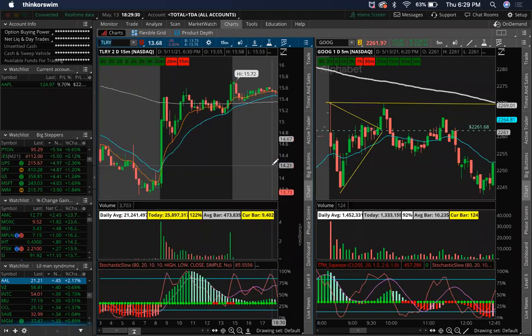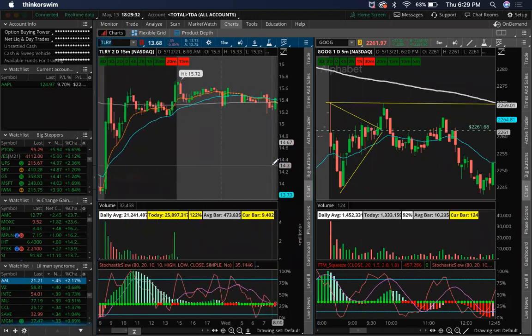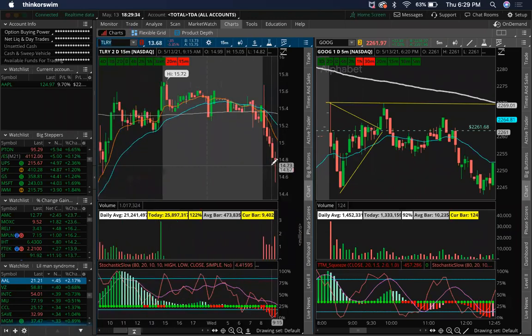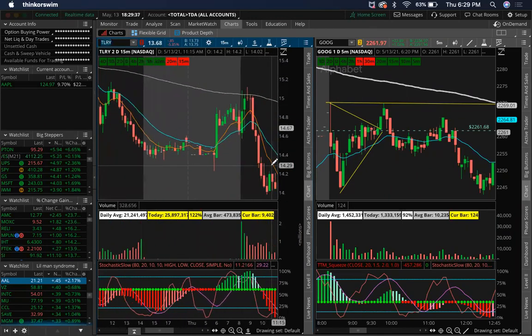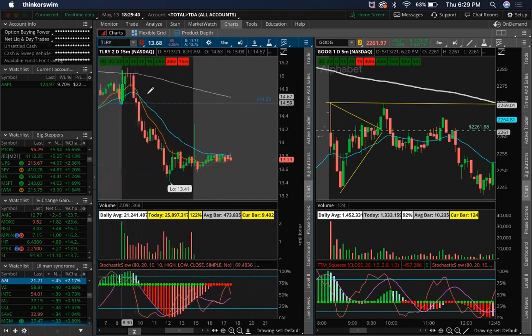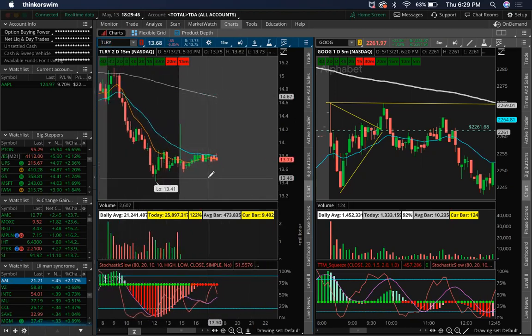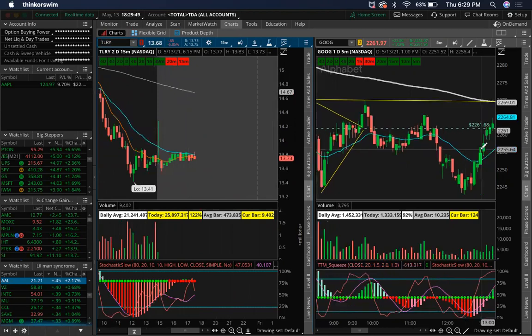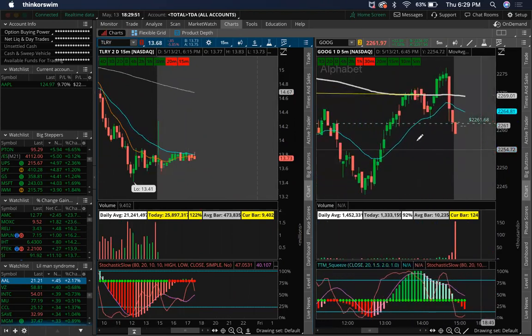Like I said, it's kind of like Google, but a cheaper version. A $1 move on Tilray will give you a $10 move on Google. I want to say today Tilray was nasty, but I think tomorrow it'll be even worse.